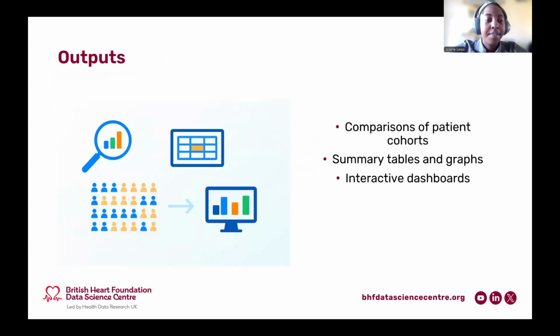So using what we've learned from benchmarking the different definitions, the next step is to turn this into something useful for researchers and subsequently patients as the end goal. The aim is to clearly show how different heart failure definitions identify different patient cohorts, even when applied to the same population. So we will produce a set of clear outputs that help researchers understand these differences.